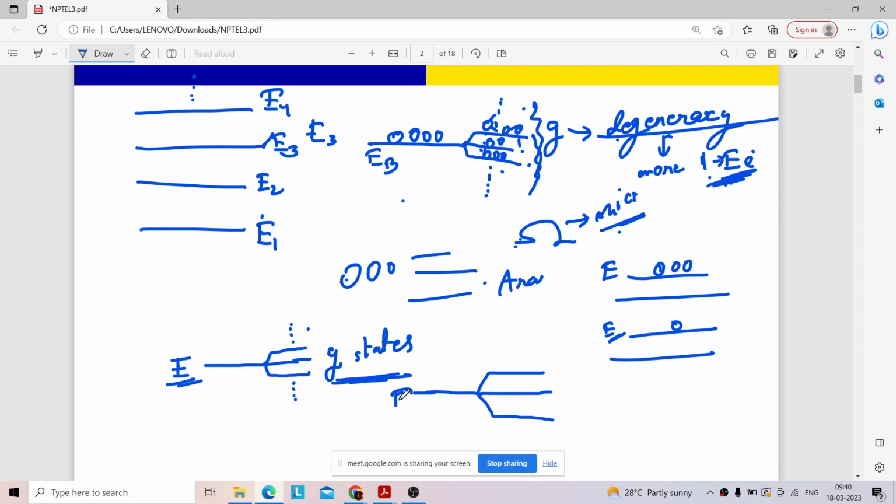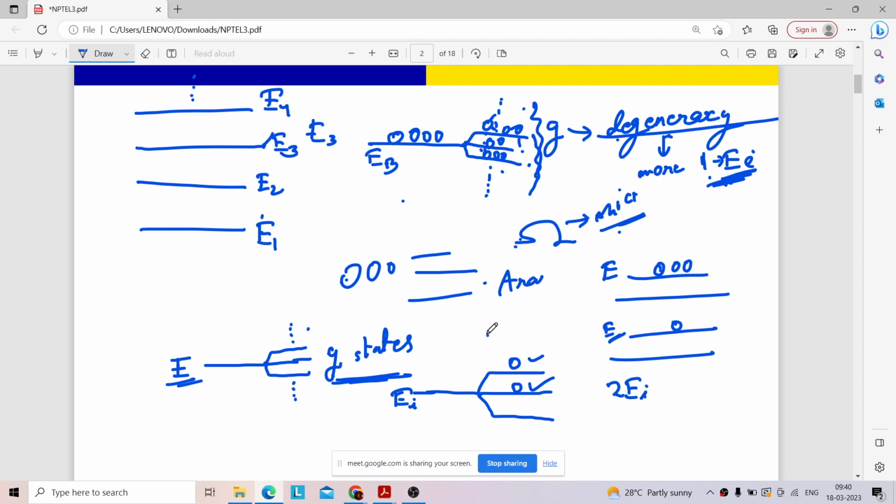Let's assume its energy is Ei, and if I have two particles and I put them like this, their total energy will be 2Ei.